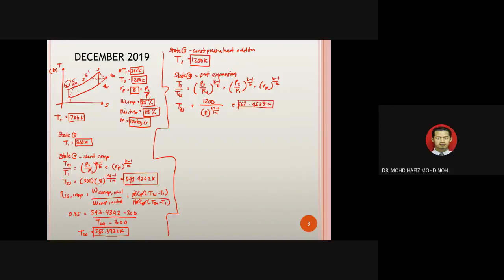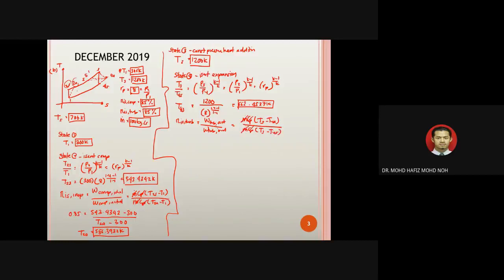Then you can proceed to calculate T4 actual by using the formulation of isentropic efficiency for the turbine, which is W turbine actual divided by W turbine isentropic. We have m dot Cp (T3 minus T4 actual) divided by m dot Cp (T3 minus T4S), so m dot Cp can be cancelled.